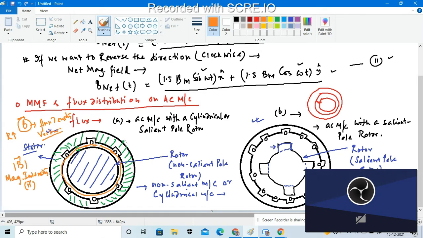So this flux density B varies sinusoidally only if the magnetizing intensity H, or we can say the magnetomotive force, the MMF, varies in a sinusoidal manner along the surface of the air gap.